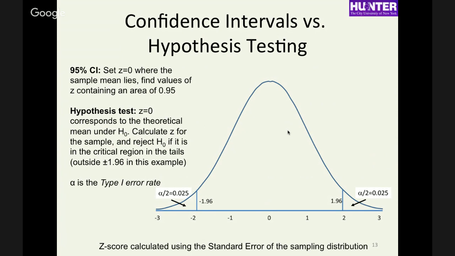So in the confidence interval framework, the question is where does your sample mean lie? Does the H0 value fall within your confidence interval, and within the hypothesis testing framework, does your test statistic fall within the critical values of your test statistic? Any questions about that? Yes.